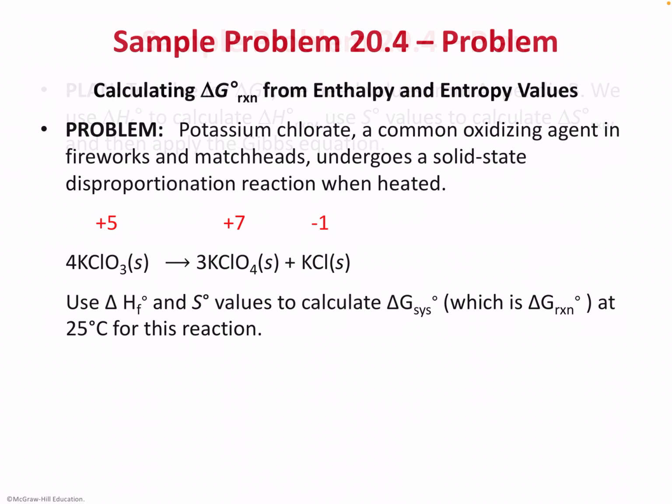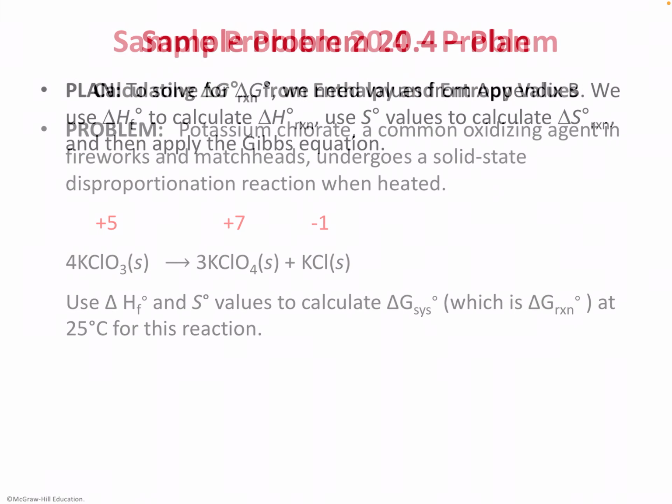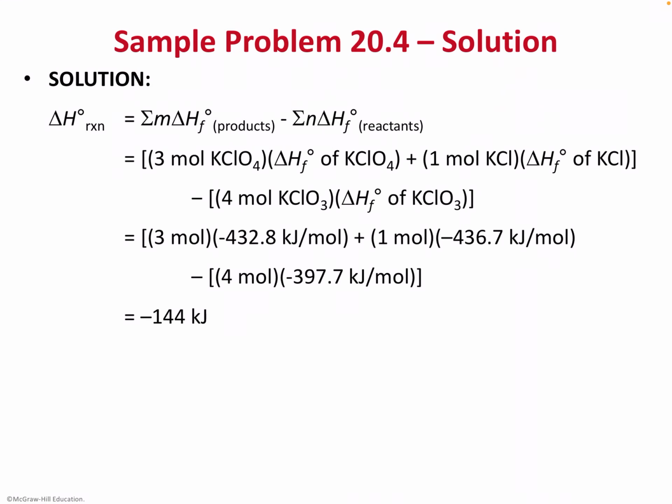So this is our equation, just one reactant, right? 3 times this value, 1 times this value, 4 times that value, and then you do the calculations. These delta H values should be given to you, giving negative 144 kilojoules.